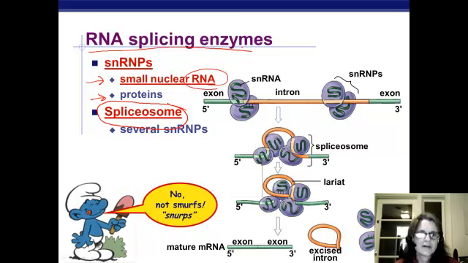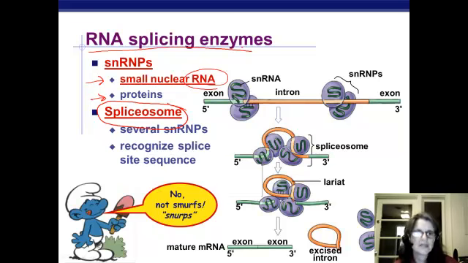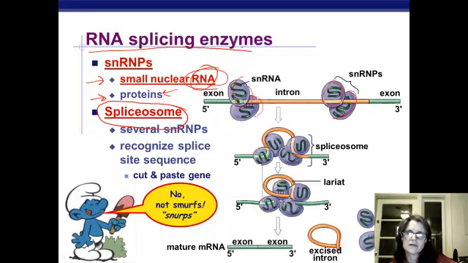So there are several SNRPs, if you will, which are small nuclear RNA molecules combined with proteins that recognize certain sequences that need to be cut. And so what they do is, here's some SNRP, okay? These things come together.